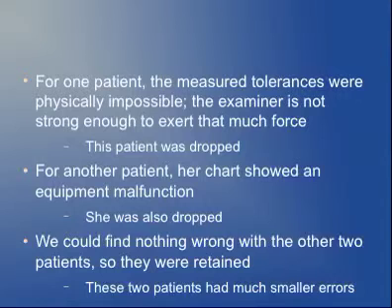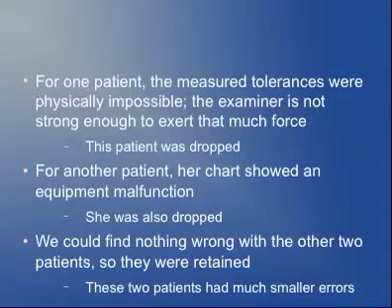The other patient, we couldn't see anything wrong in the chart, but it was saying that the examiner was exerting something like 20 newtons of force using this little device, and we knew perfectly well our examiner wasn't strong enough to exert more than like 5 newtons of force. So we're just like, okay, not sure how that 15 got into the database, but it's wrong, we can drop that. The other 2 patients, we couldn't find any reason that they would have unusual measurements.